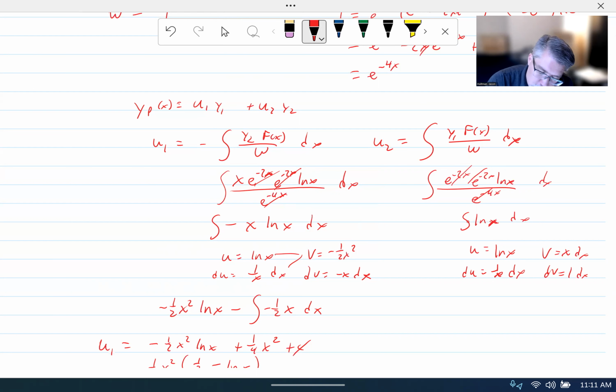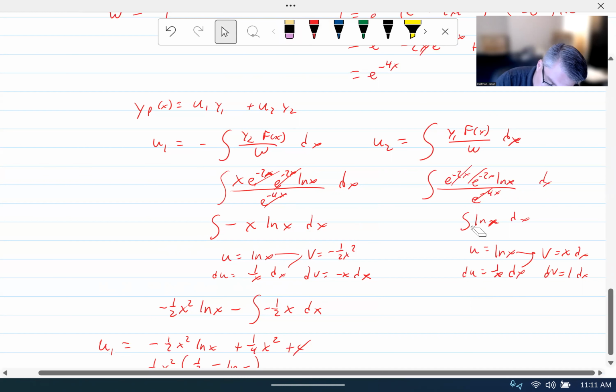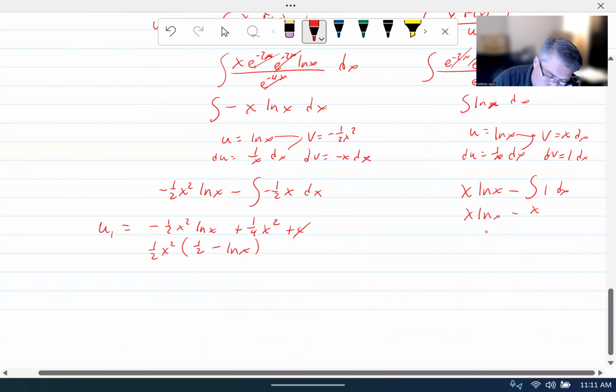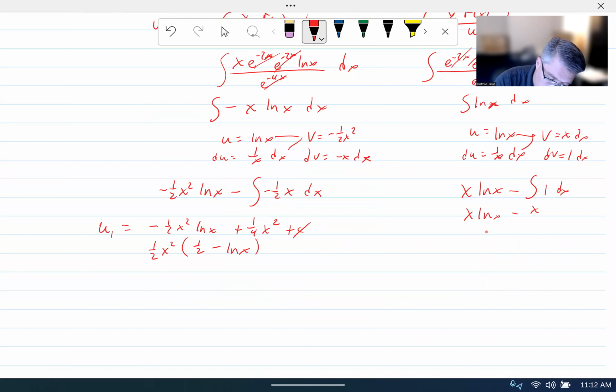So we're going to get x natural log of x minus the integral of x over x, which is 1 dx. So this is x natural log of x minus x. Okay, and you could factor out an x there if you wanted to as well.